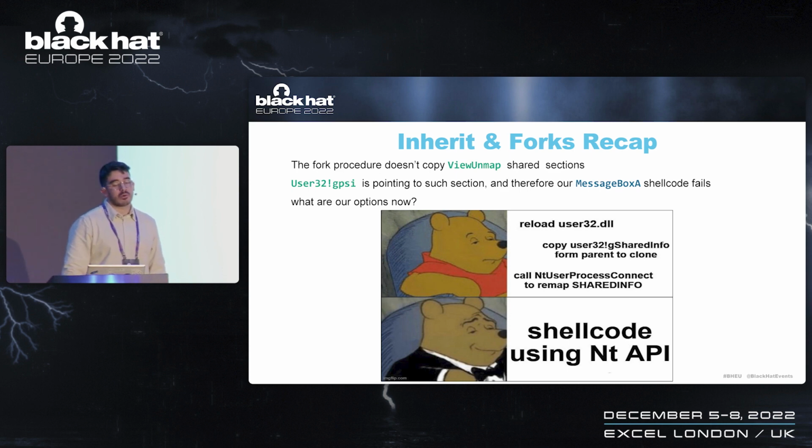So what are my options now? There are a couple of options. Some are more difficult than others. I can try to reload the user32 DLL, and this way the shared section will get reloaded, invoking the load of NtUserProcessConnect again. I can copy the contents of the shared section from the parent to the clone. And I can even call the API NtUserProcessConnect to remap this shared infrastructure in the fork child.